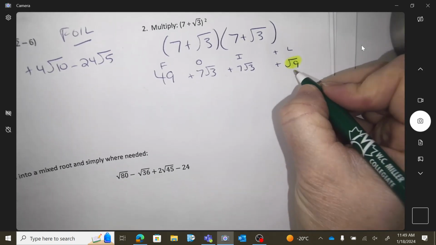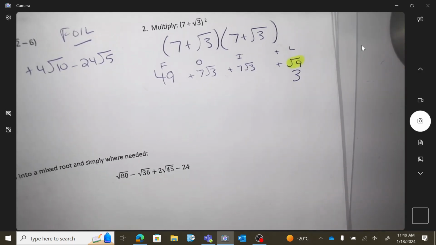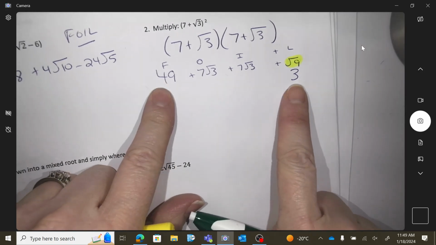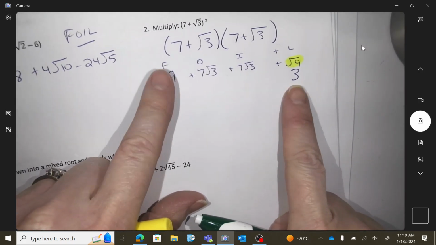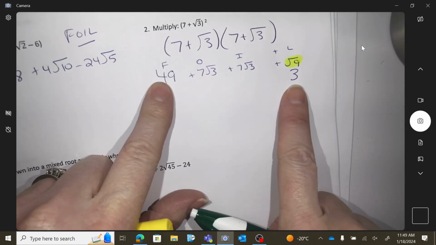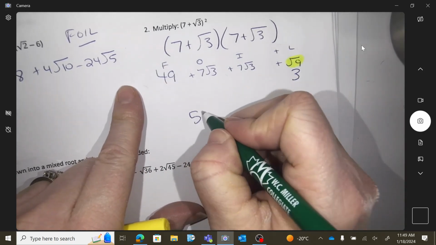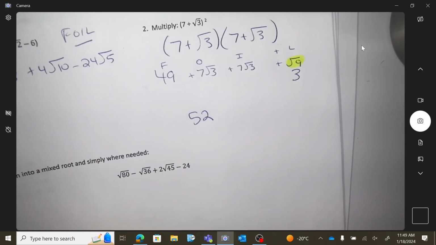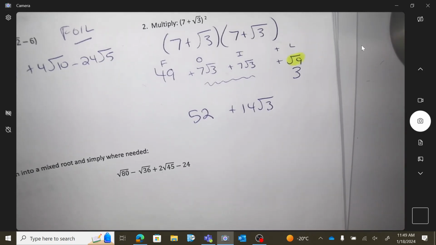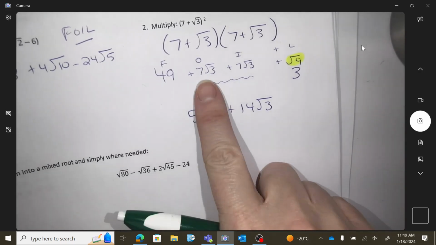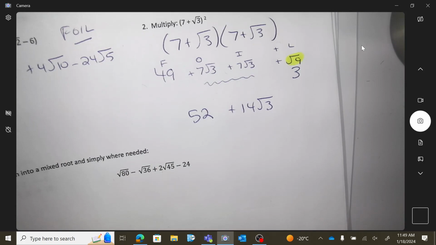So the square root of 9 should be a 3, which means I can combine these, because there's just numbers. So that would be 52. And these can go together because they're root 3's and more root 3's. So 14 root 3. Root 3's can go with more root 3's.